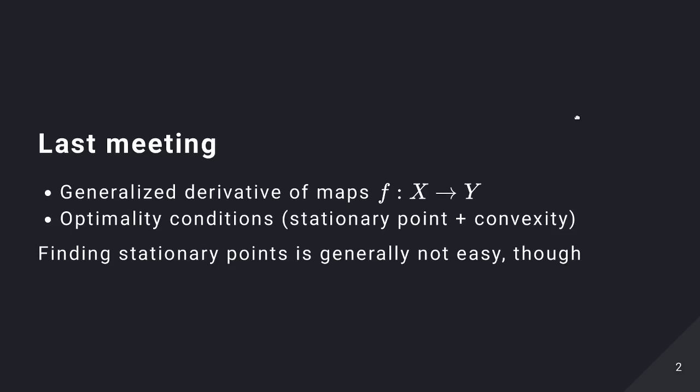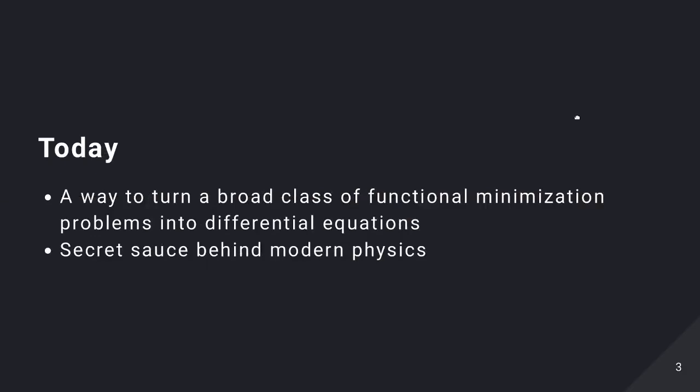But generally, solving these kinds of problems directly by computing the derivative and trying to find a stationary point is not easy. So what we'll be seeing today is first off a way to turn a very broad class of these functional minimization problems into differential equations, which are not necessarily easier to solve, but usually slightly easier, though it's not always the case that you can find solutions.